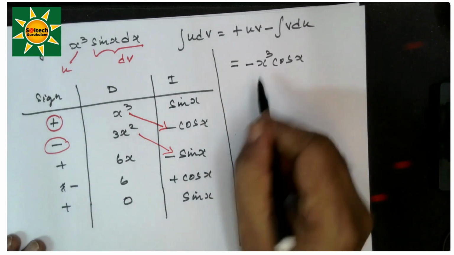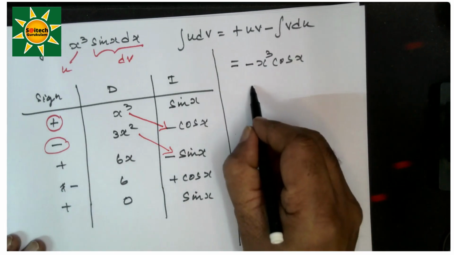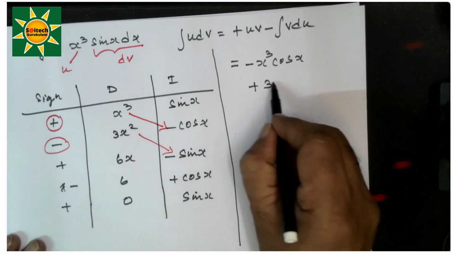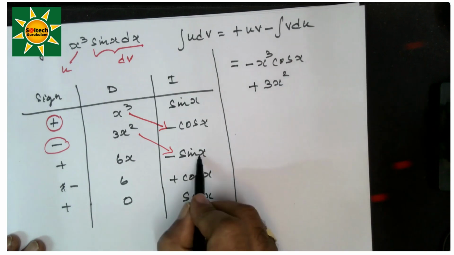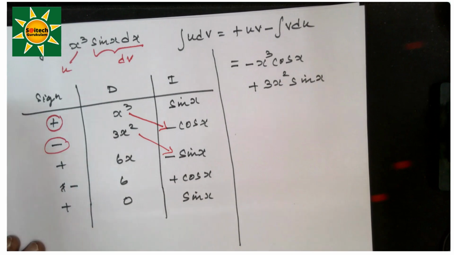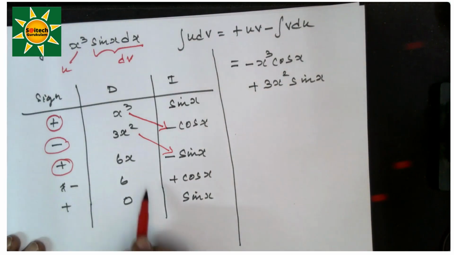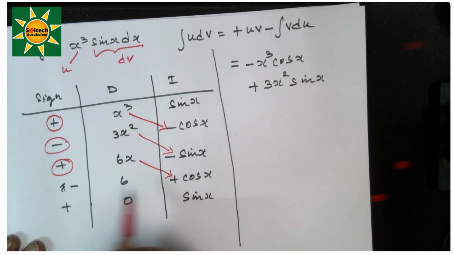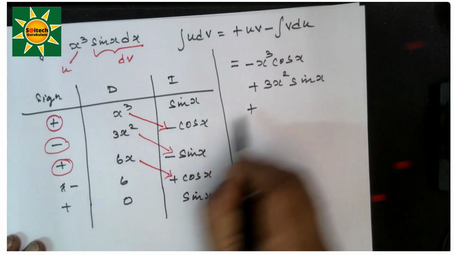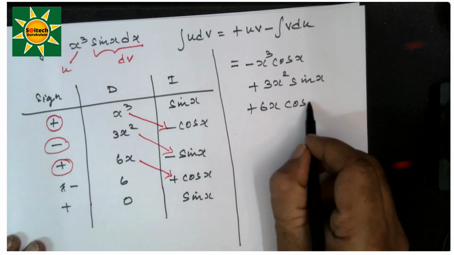Now let us proceed. You got minus and already minus, so minus of minus plus, and 3x squared sin x, are you able to follow? And then now proceed with plus. Okay, so you can take this, now plus 6x into cos x, right?